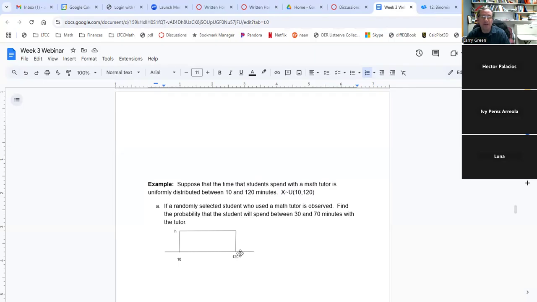Or in other words, the probability is 1, and that is the area. So the area is 1. Any questions on why the area is 1 for a uniform distribution between the low and the high?